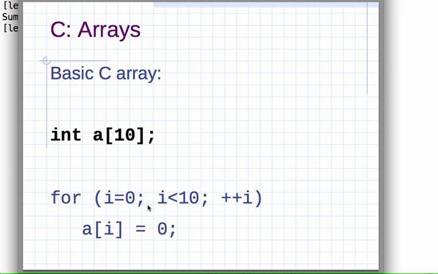So let's take a quick look at some of the basics of a C array. As we saw, we can declare an array like this. This says that A is an array of 10 ints. That's how you would read it. I know it's a little bit different from the way we used it in Java. In Java, we would say int, open close square brackets, A equals new int, open close square brackets, and put 10 in there.